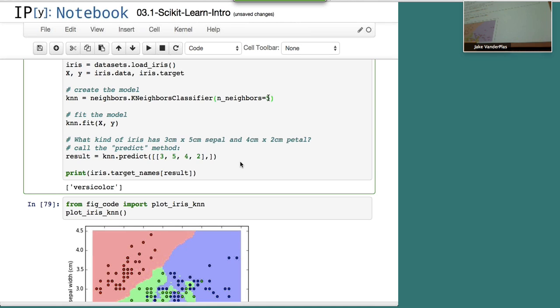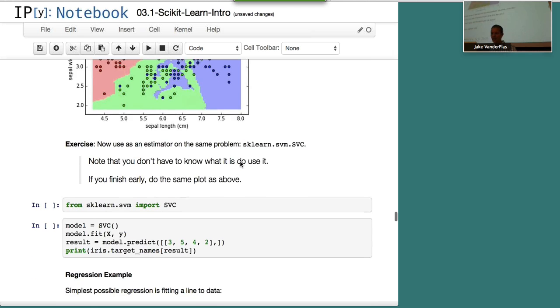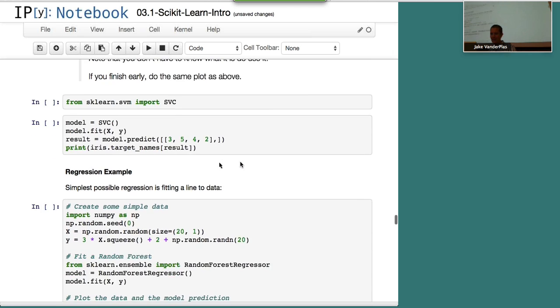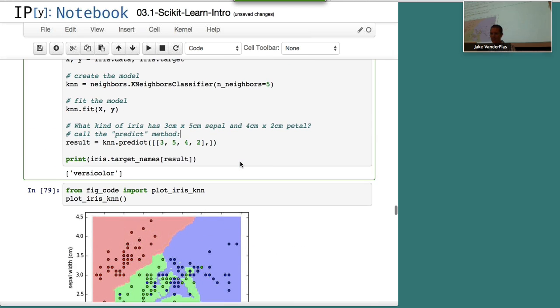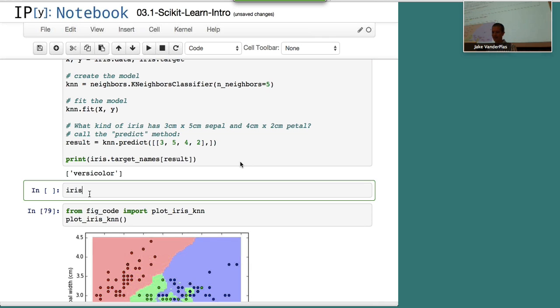Yeah? Instead of just putting this new data into the model and giving it a classification, could you give a probability? Yeah, you could. And some estimators have probability prediction. I think this is one that has it. Let's see. Oh no, I'm doing knn.predict, right?